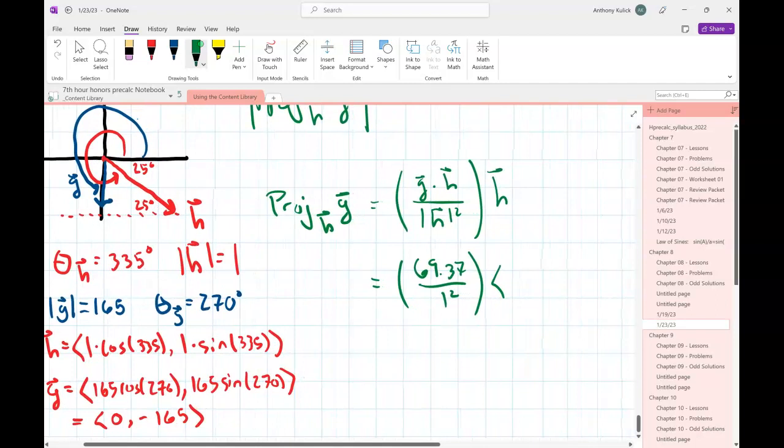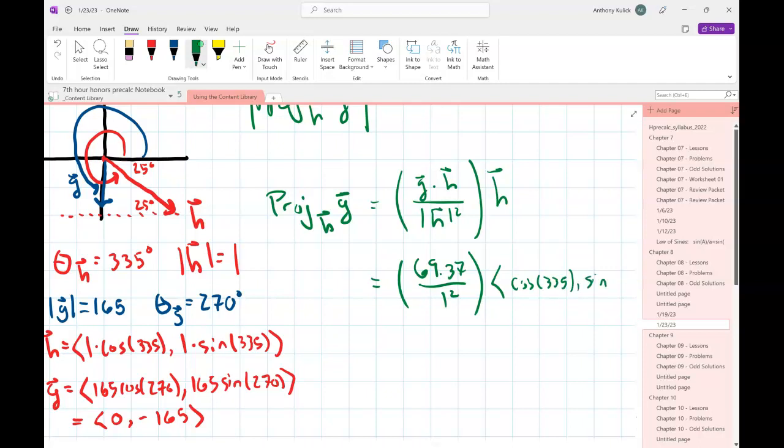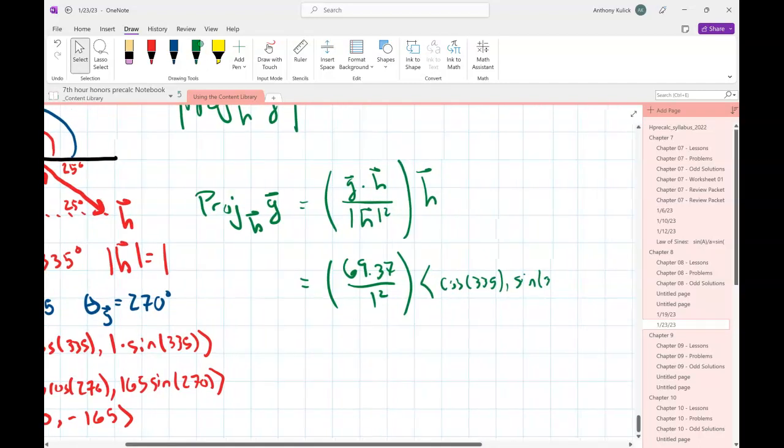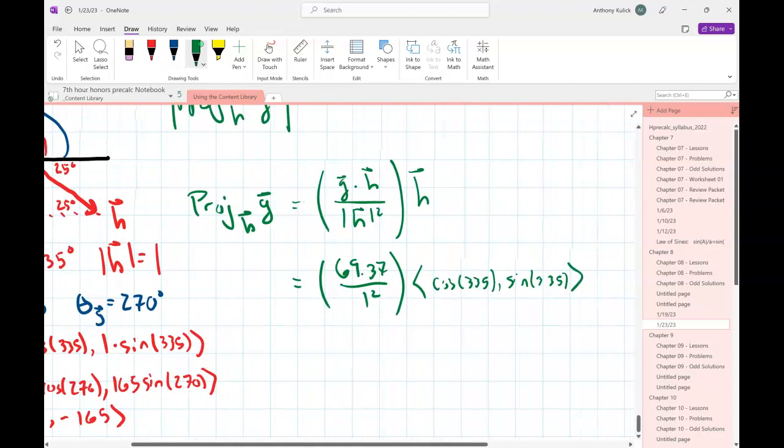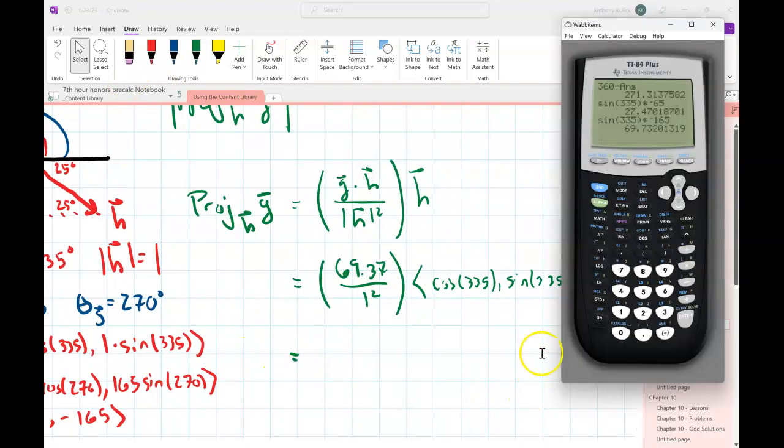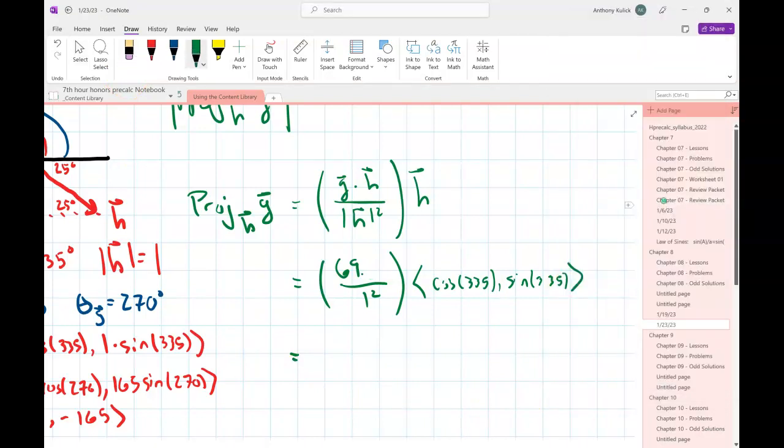Then we have times H. That's just some scalar multiplication. So, oops, 6973, not 37. Dyslexia.